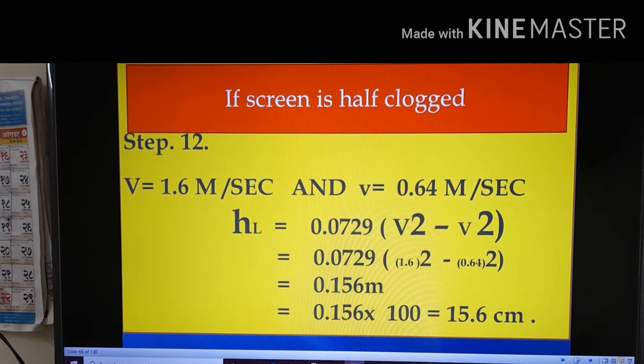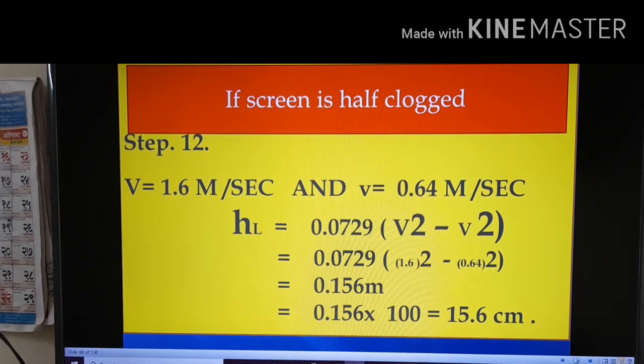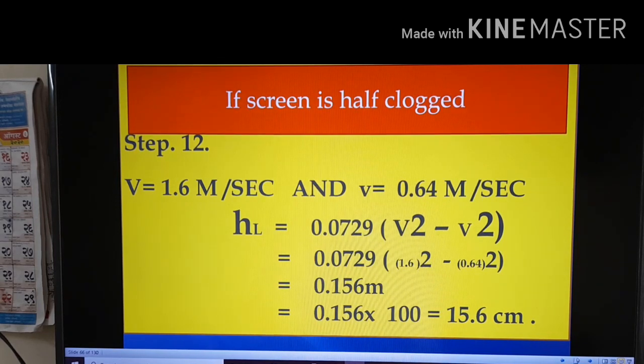Therefore it is equal to 0.0729 under bracket. Right now we have the capital V value as 1.6, so put it into that bracket. Capital V is equal to 1.6 meter per second square, minus 0.64 square.